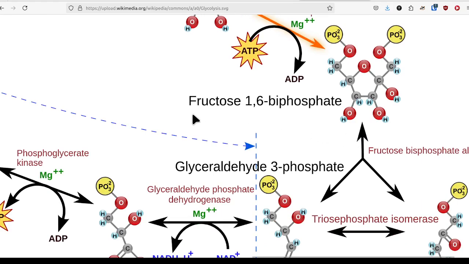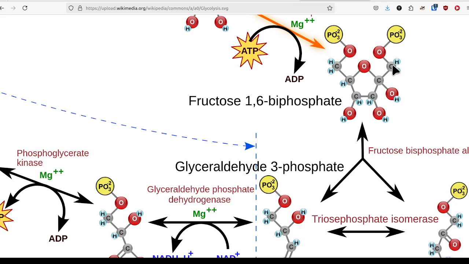a new thing. Fructose, so that's our sugar fructose. 1,6-bisphosphate. That means there are 2 phosphate groups, 1, 2, and they are connected at carbons 1 and 6.